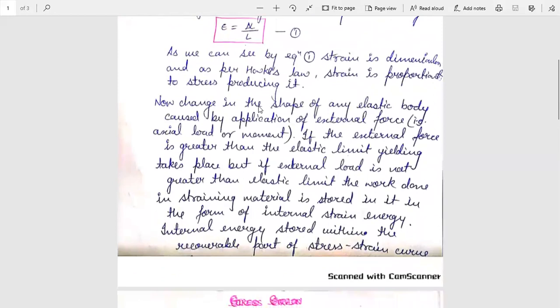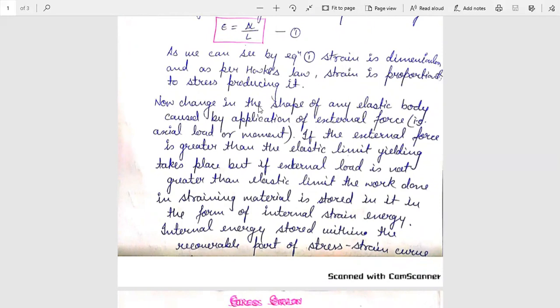Now, change in shape of any elastic body is caused by application of external force, that is axial load or moment. If the external force is greater than the elastic limit, yielding takes place.